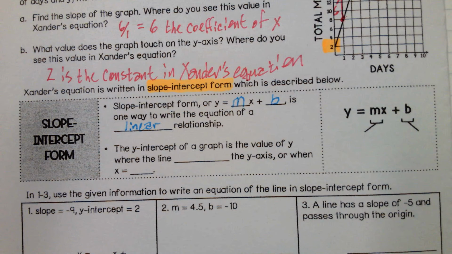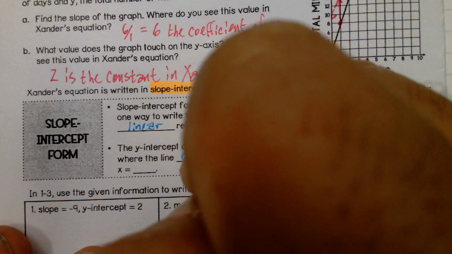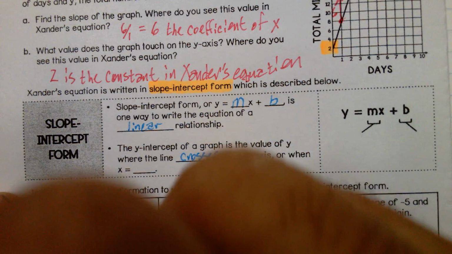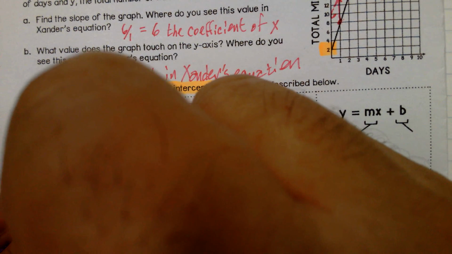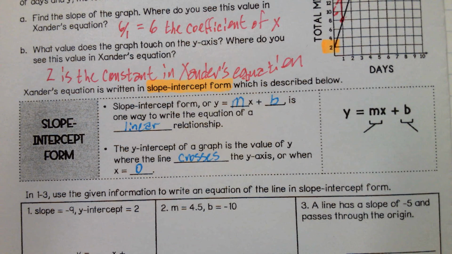The y-intercept of a graph is the value of y where the line crosses the y-axis, or when x equals 0. But we already knew that. We've already explored and talked about the y-intercept. Okay?